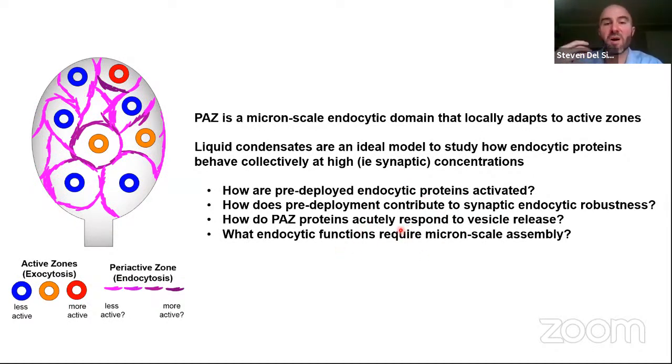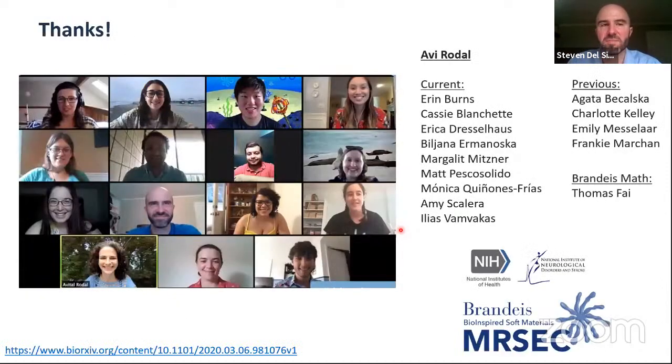How are endocytic proteins responding acutely to vesicle release? And whether there are any specific synaptic functions that uniquely require this large micron scale assembly. So I think these are all different questions that we can get at with this system.